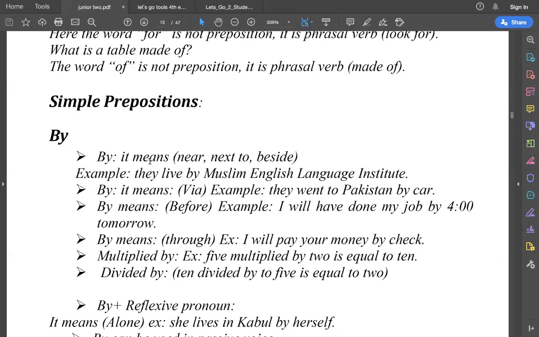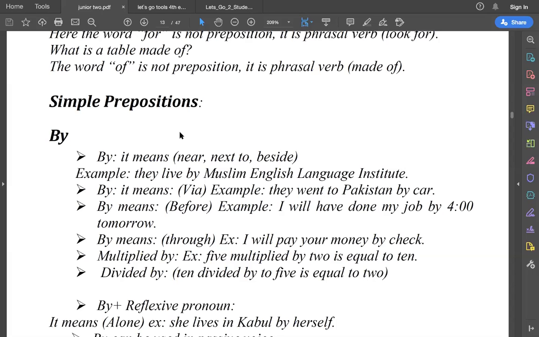By means near, next to, beside. By sometimes can give us the meaning of near or next to or beside, like this. They live by Muslim English Language Institute. Or I say, you can park your car by my car, meaning park your car near my car.